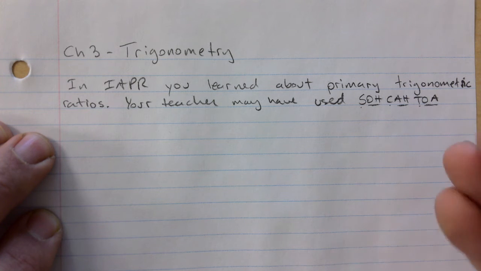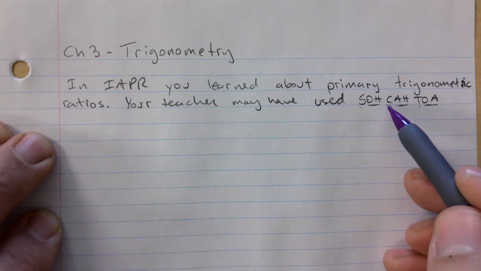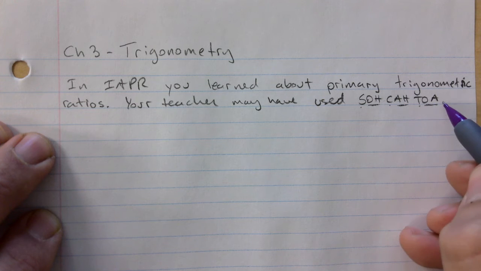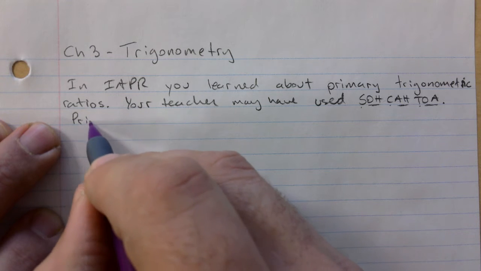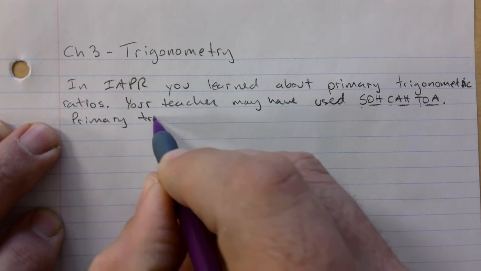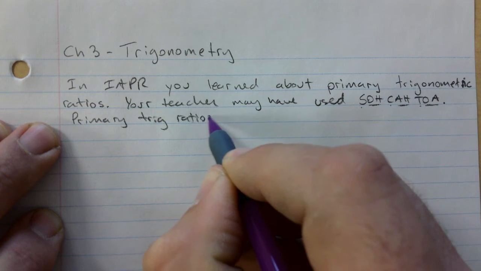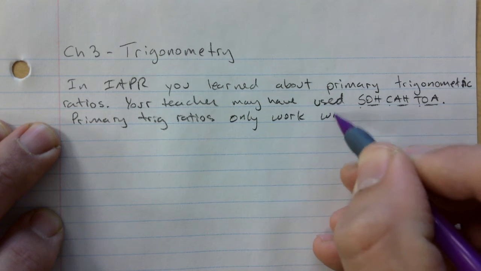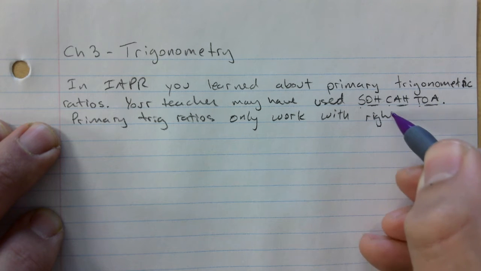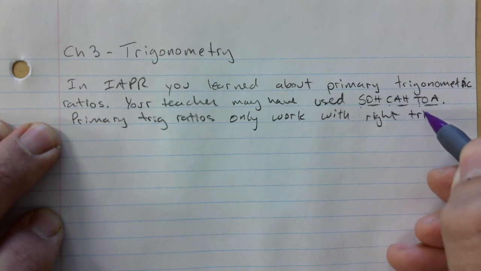So I'm going to give you something that always works. This only works with right triangles. Primary trig ratios only work with right triangles.